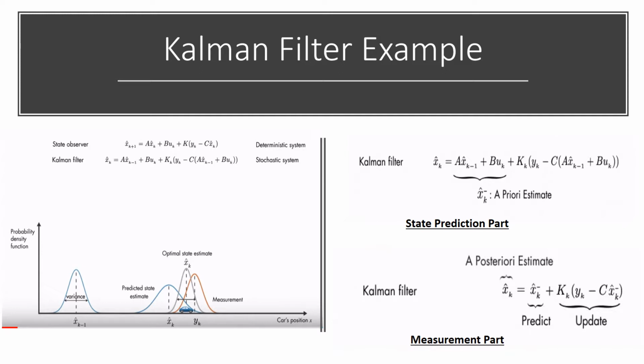The first part, state prediction, is used to calculate the state estimate and the error covariance matrix P. The error covariance matrix gives us the uncertainty in the estimated state. This variance comes from the process noise and the uncertainties in the state measurements.